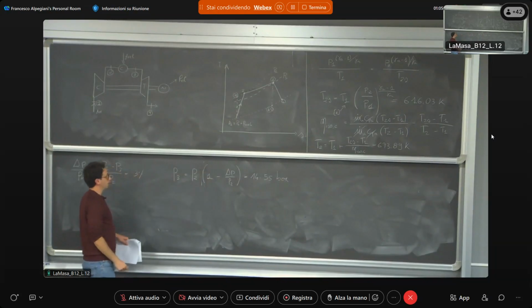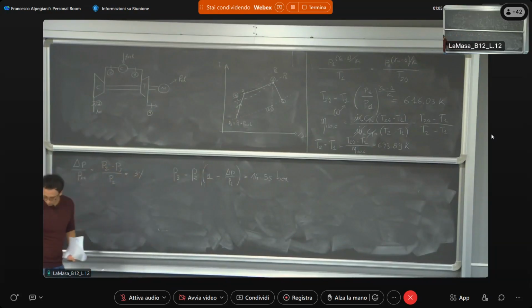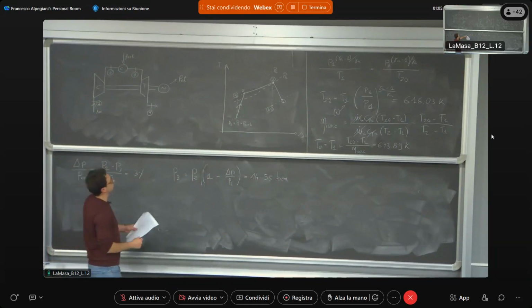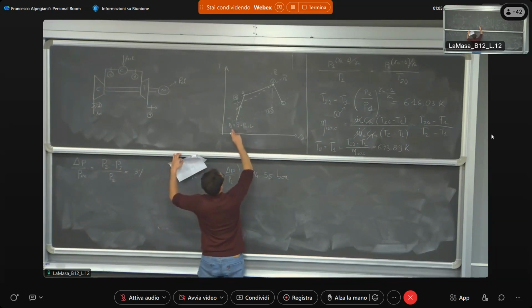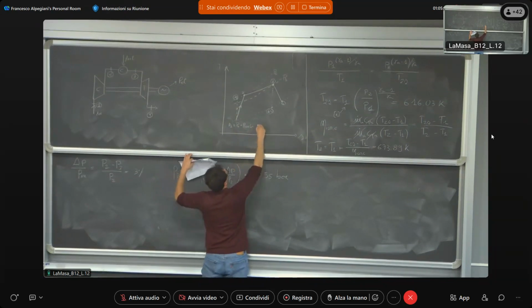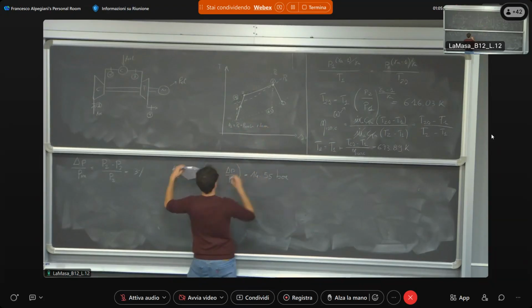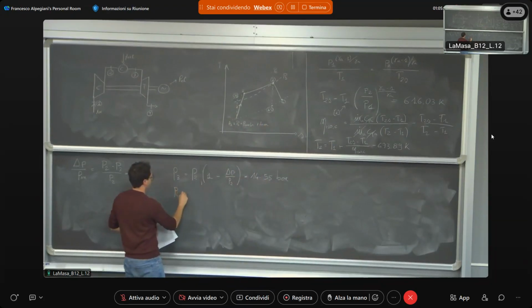Concerning instead the pressure at the outlet of the turbine, in P4, as I said before, P4 will be equal to 1 bar because we will have the same as P1, so this is 1 bar. So I write here, P4 will be equal to 1 bar.